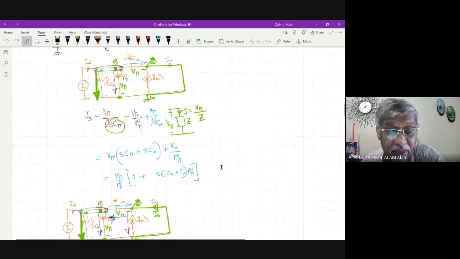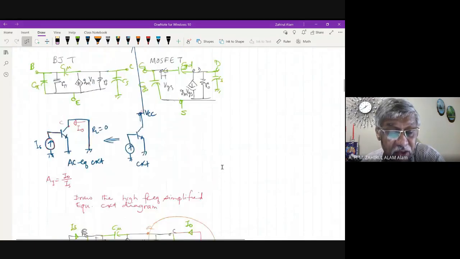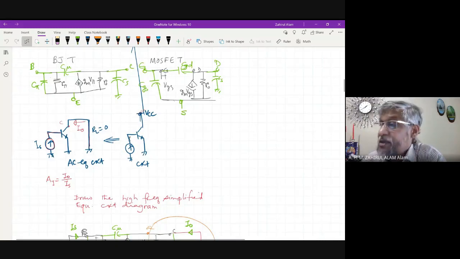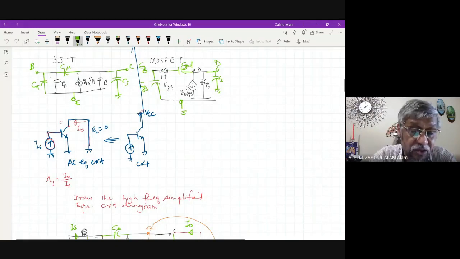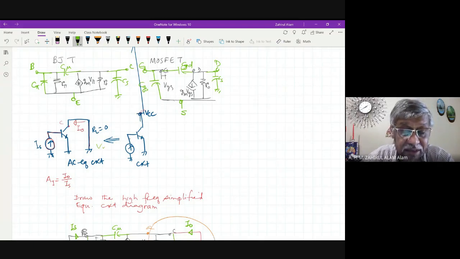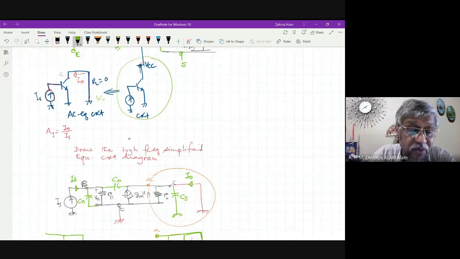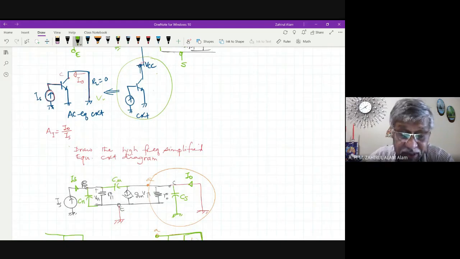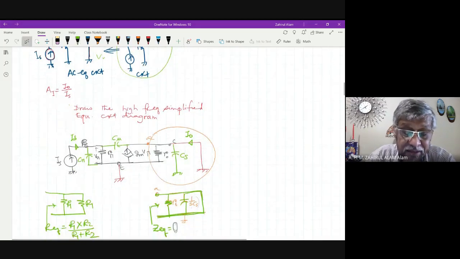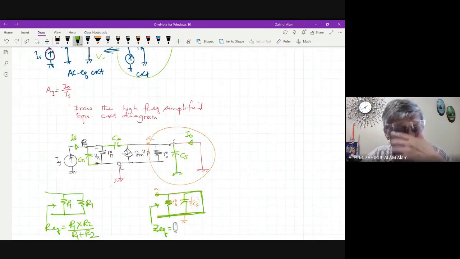So as I mentioned, this is short circuit. What is a short circuit? I have made this transistor shorted, and because this is the VCC, the AC equivalent is connected to ground. Then output current divided by input current gives the gain. This is the high frequency equivalent circuit.